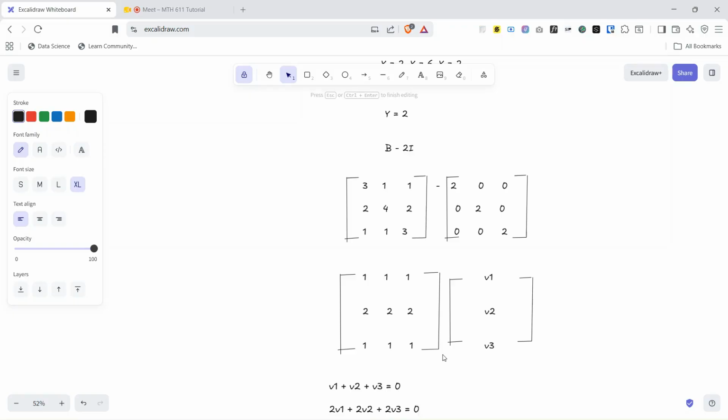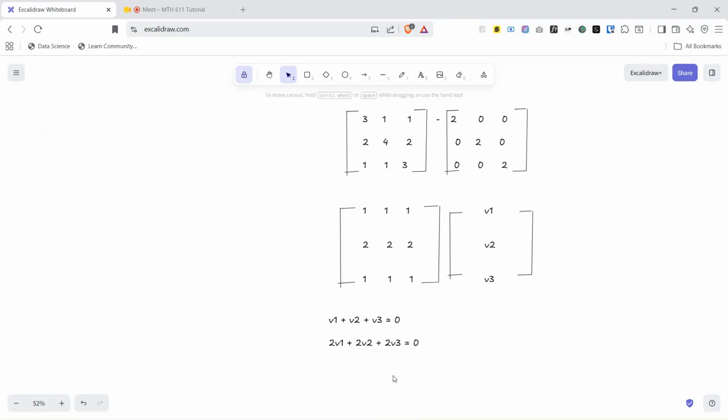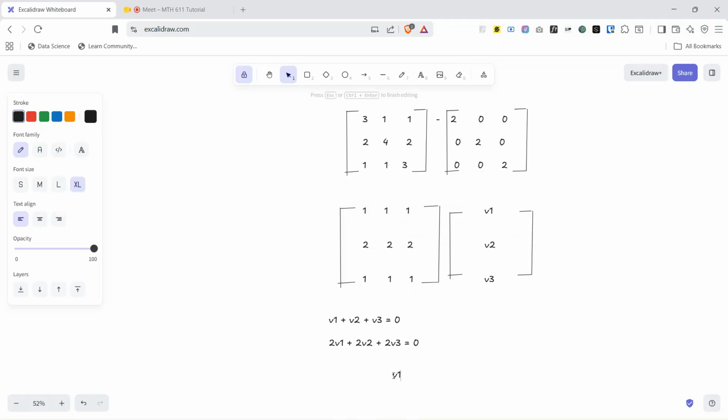So from this equation, our V1 will be equal to minus V2 minus V3. So we are going to set arbitrary numbers. By the time you want to do it, you are going to write that you are setting arbitrary numbers for these.